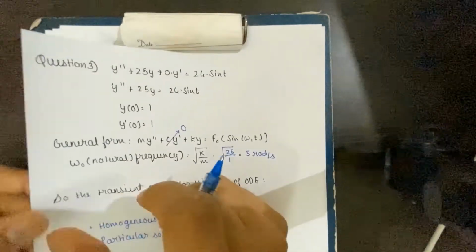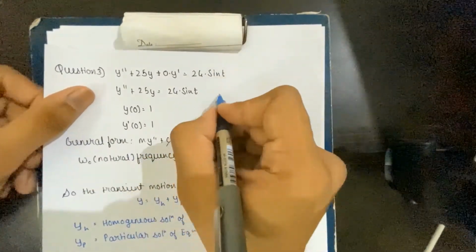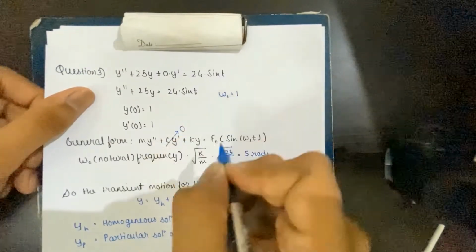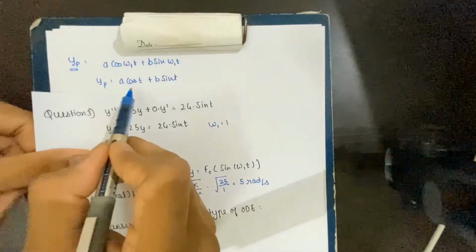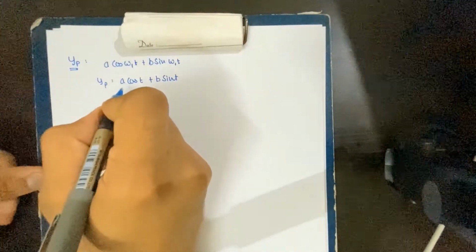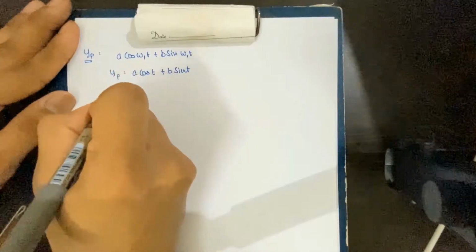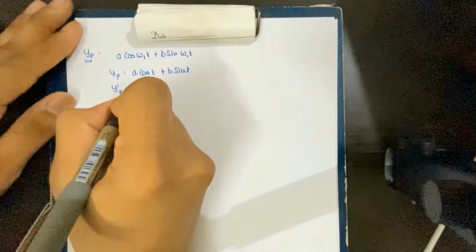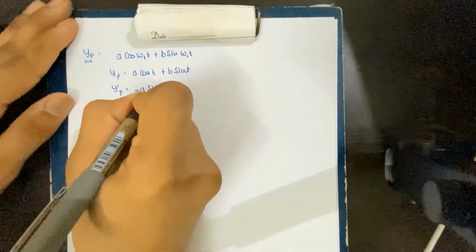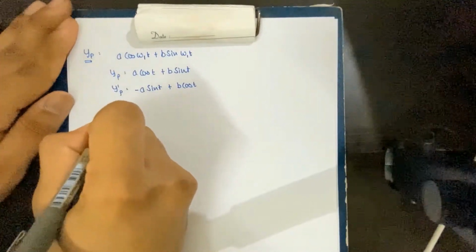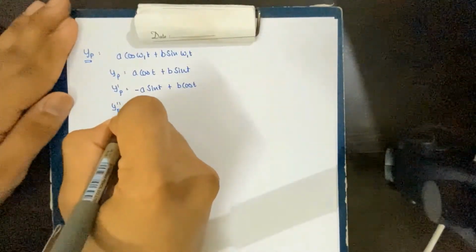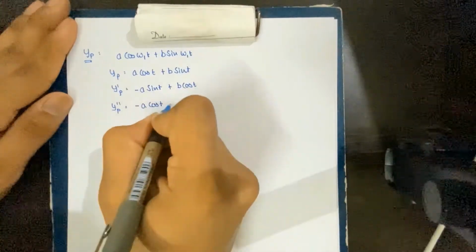Now we'll find the derivative of yp, that is y dash p, that is minus a sin t plus b cos t. Now the double derivative of yp is minus a cos t minus b sin t.